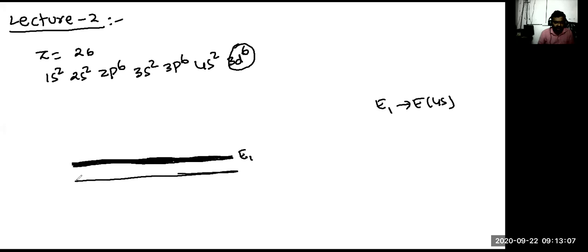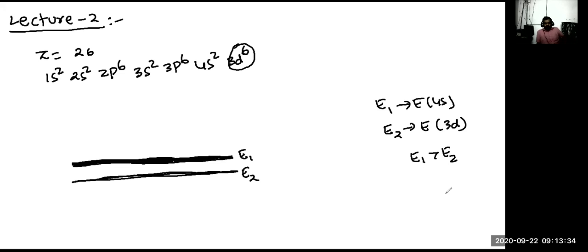Now you can see these six electrons are from the third orbit. So I will consider E2, the energy due to the 3d subshell. All six electrons have somewhat less energy. We can say that E1 will be greater than E2.